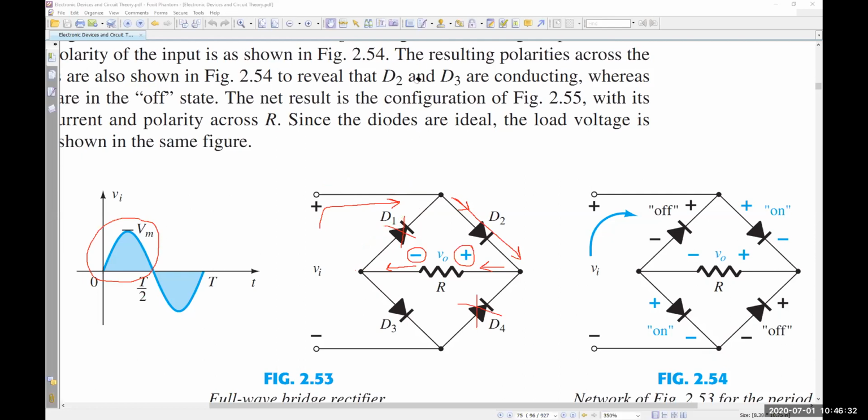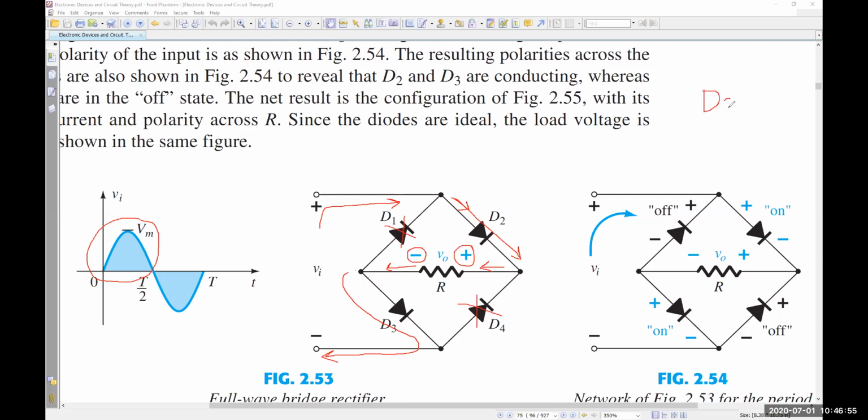So current has to go this way, right? So this current will come and will go through these. Then after that, it will get back to minus. So what is happening here? Here, D1 and D4 are not being used.